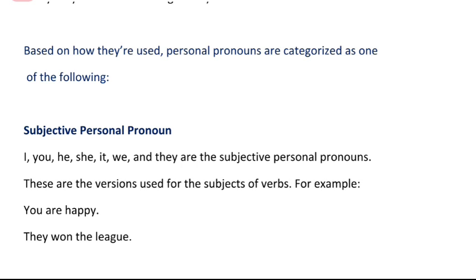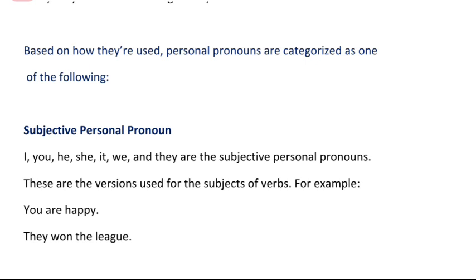Based on how they are used, personal pronouns are categorized as one of the following. The first one, subjective personal pronoun. Children, I, you, he, she, it, we, and they are the subjective personal pronouns.